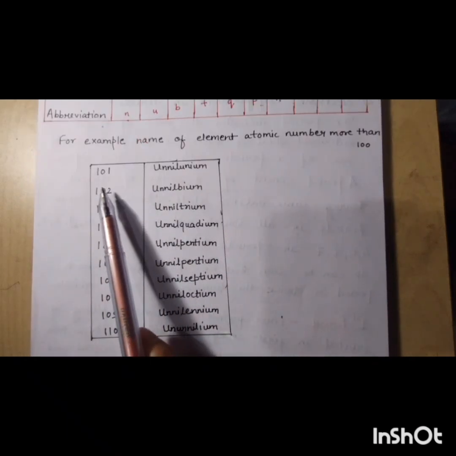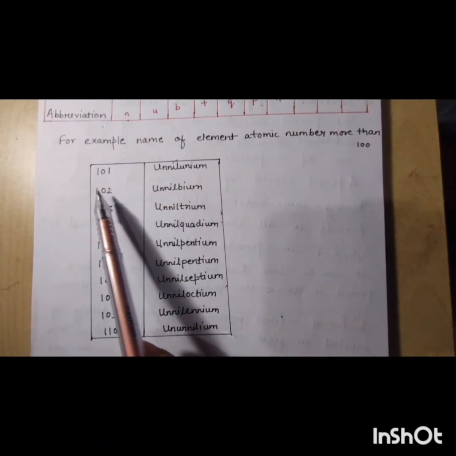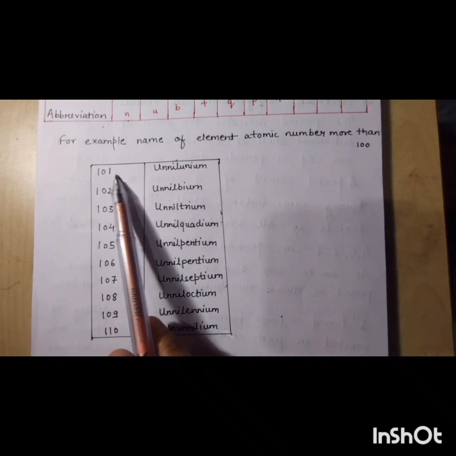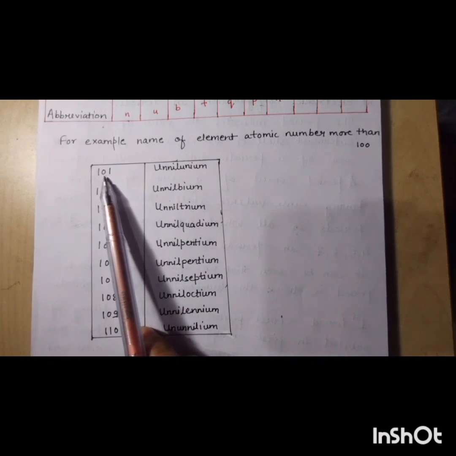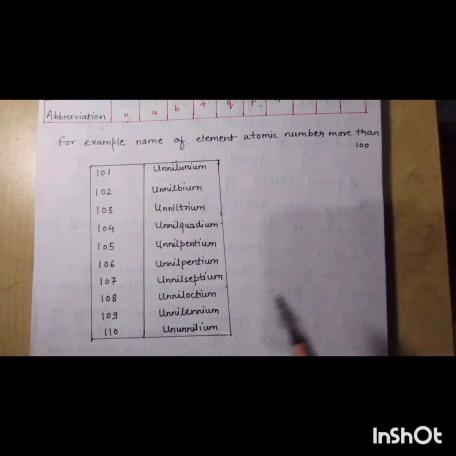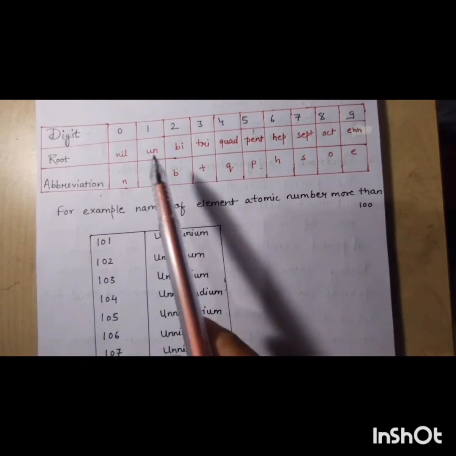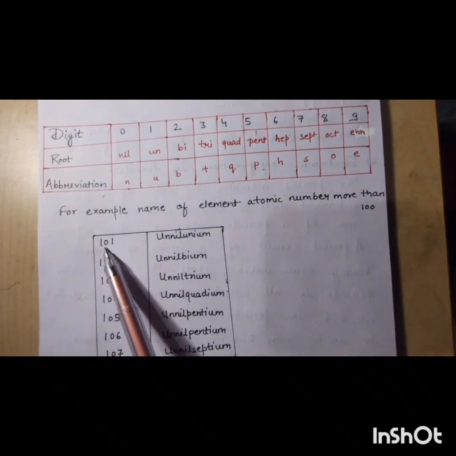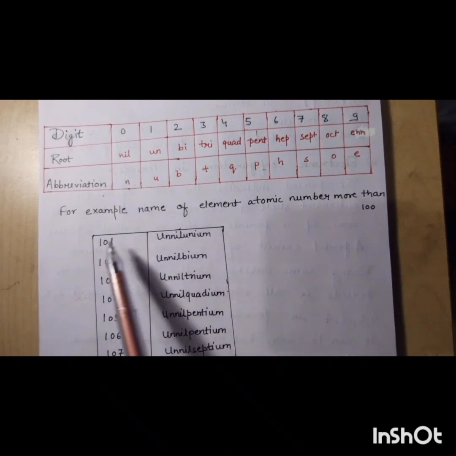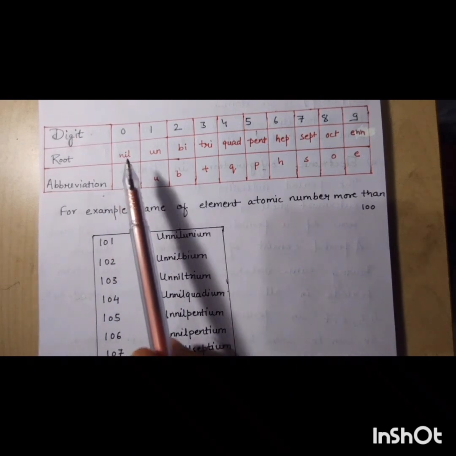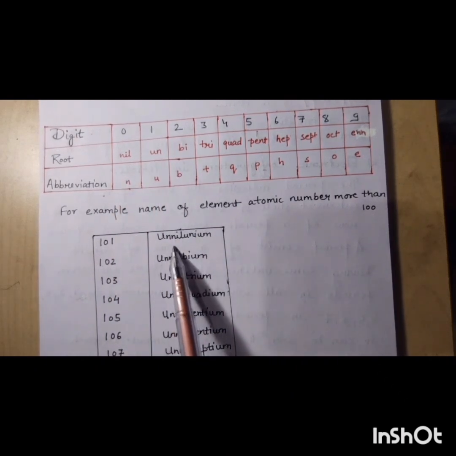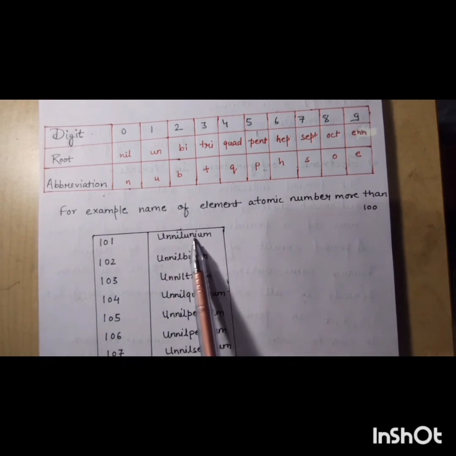Here you can see that an example is there. 101 means, 1 stands for un, and 0 stands for nil, and 1 stands again for un. So un, nil, unium.